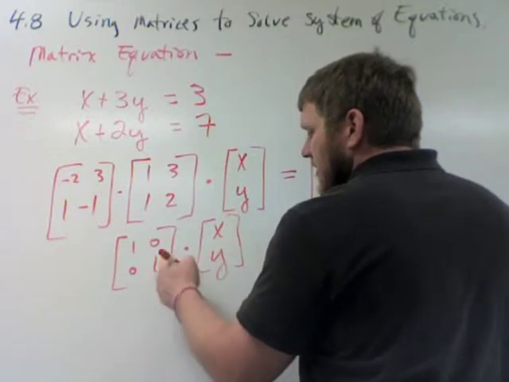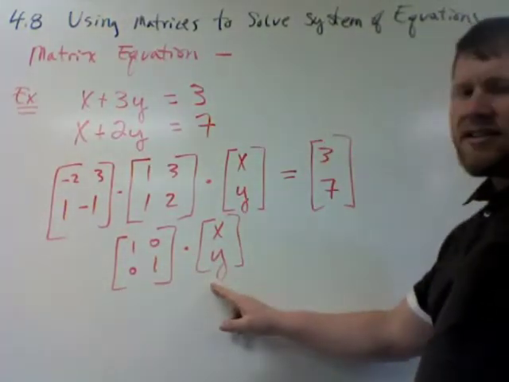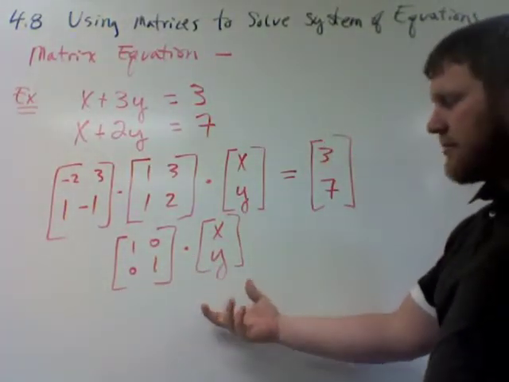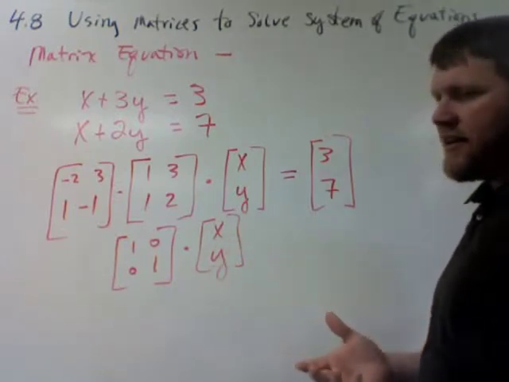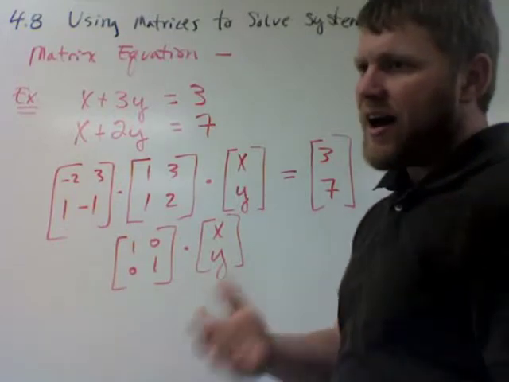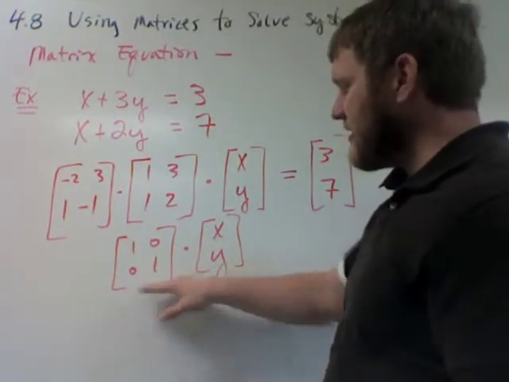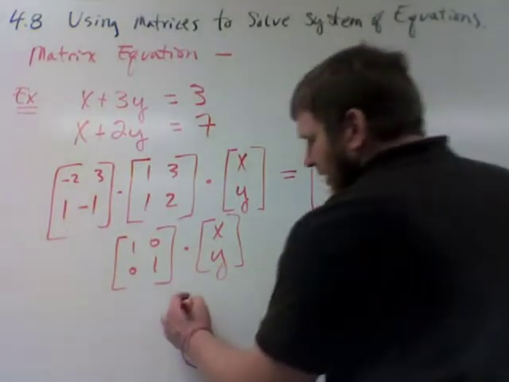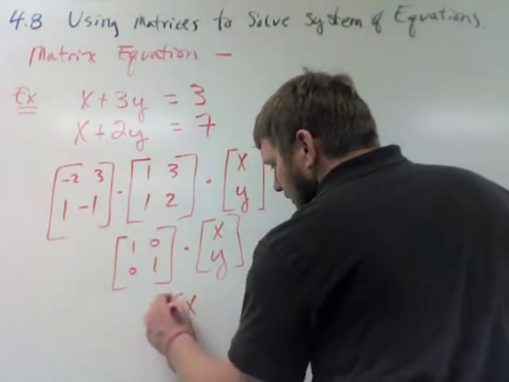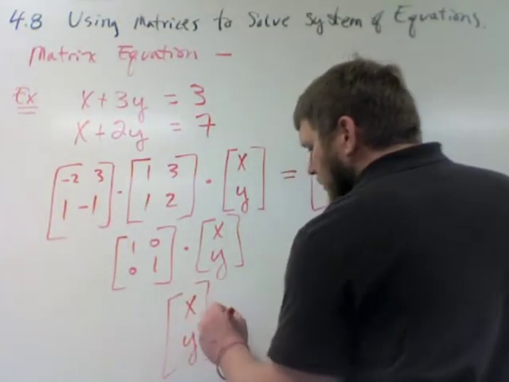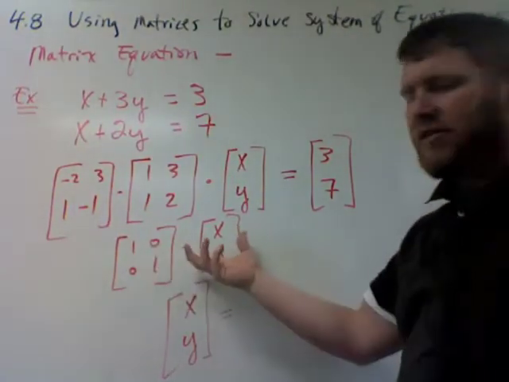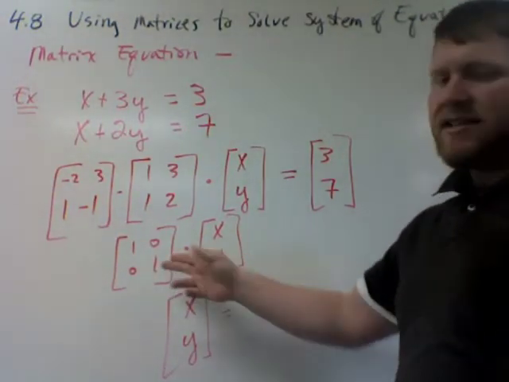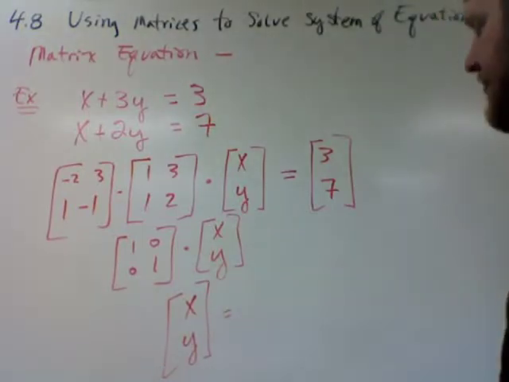If I take the identity matrix times x, y, I just get x, y back. It's kind of like taking 1 times 5: you get 5 back. It's like multiplying everything times 1. That's what the identity means.